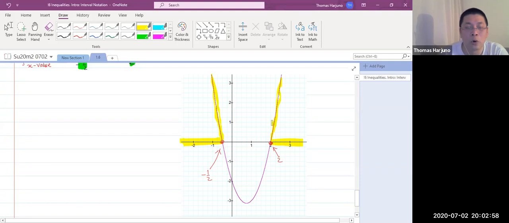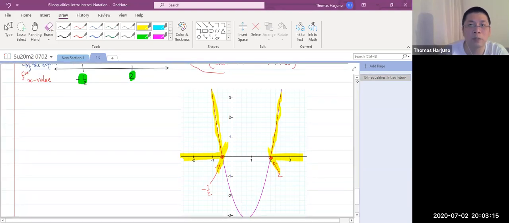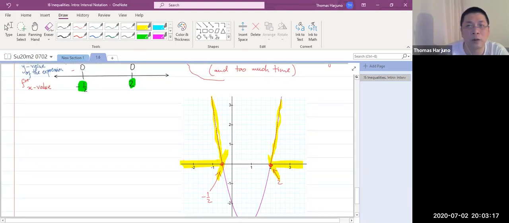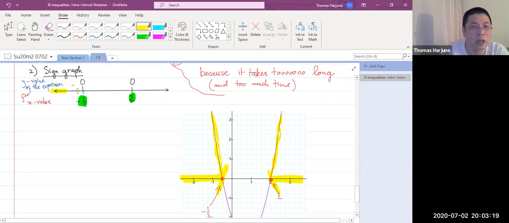So how do we know that that's the interval we want? First, we find the critical numbers, in this case negative 1/2 and 2. You will see that it breaks the interval into 3 parts: this guy here, this guy here, this guy here.